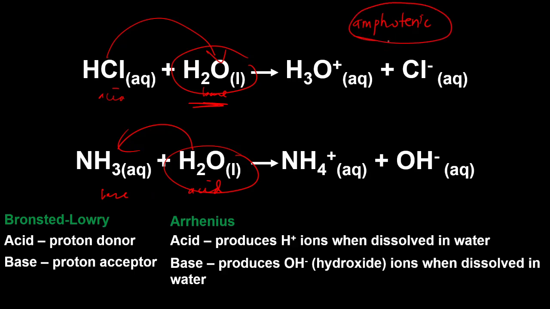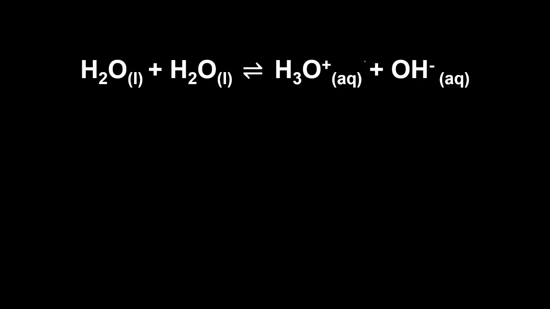They can be acid or base depending on the reaction. Here we have two molecules of H2O, so we can also see that an H2O can react with another H2O molecule to form hydronium and OH-. In this case, we call this autoionization.